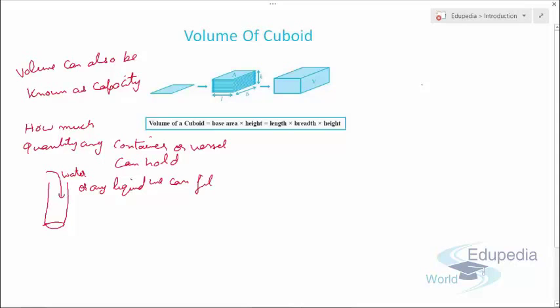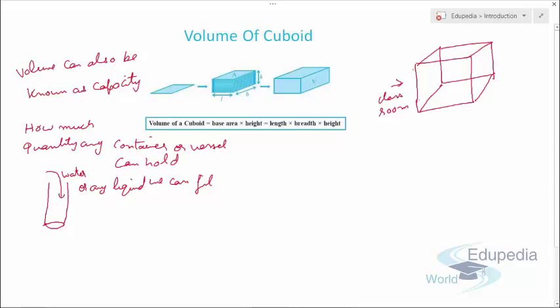Let's say we have a cuboidal room like this. Let's say we draw a cube or cuboid, and this is a classroom.